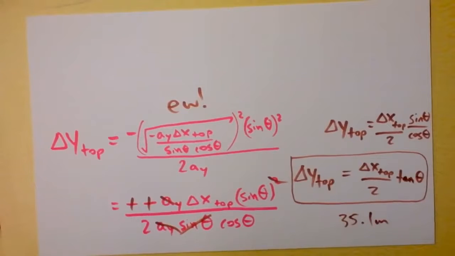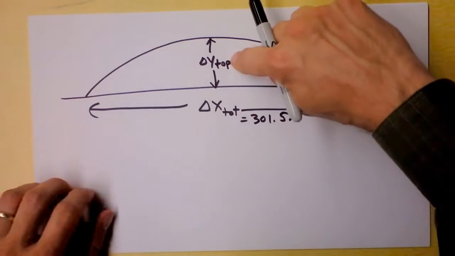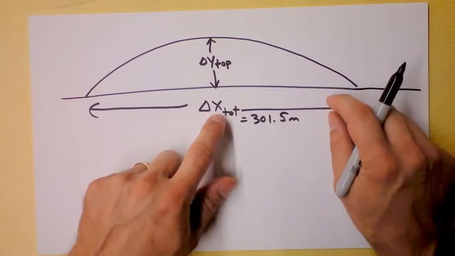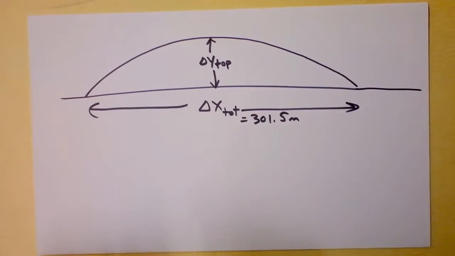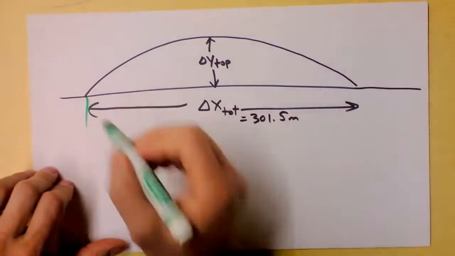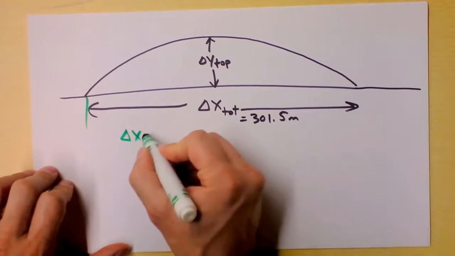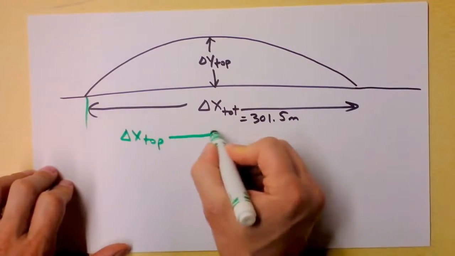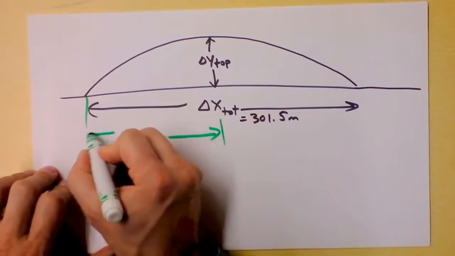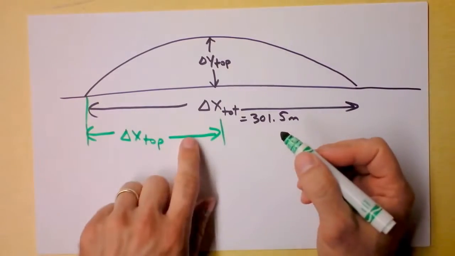So that this can be maximally confusing, this is the delta y top, that's delta x total. But what about how far it's gone in the x direction when it's at its peak? I could call that delta x top. That's this distance right here. That's just how far it's gone in x when it gets to its peak.